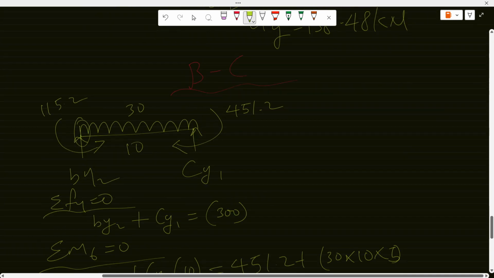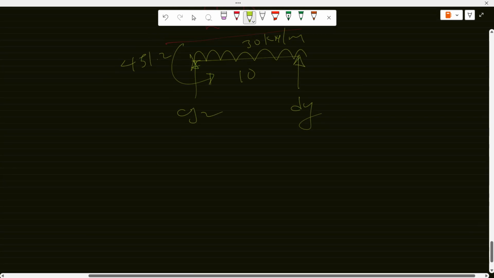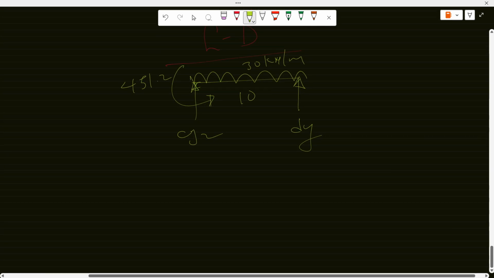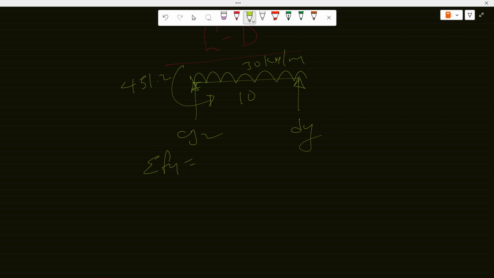So guys, let's continue. What you'll be having here is summation Fy. So we're treating everything here. It's just basically splitting a statically indeterminate beam into statically determinate ones. So CY2 plus DY is 300.